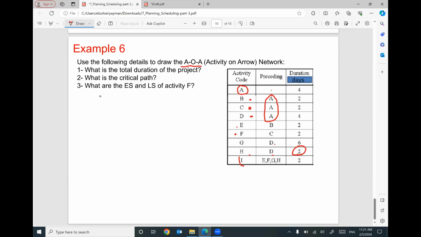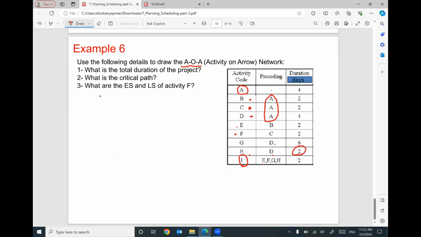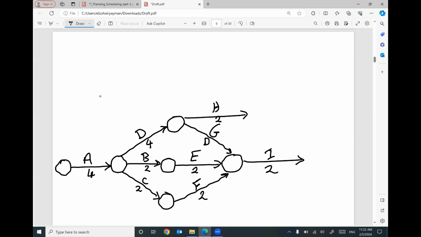We have the last activity I with predecessors E, F, G, H. So how can I make it here? This is activity I with a duration equal to 2, and this is the end of the project. So how can I make H also a predecessor for I?